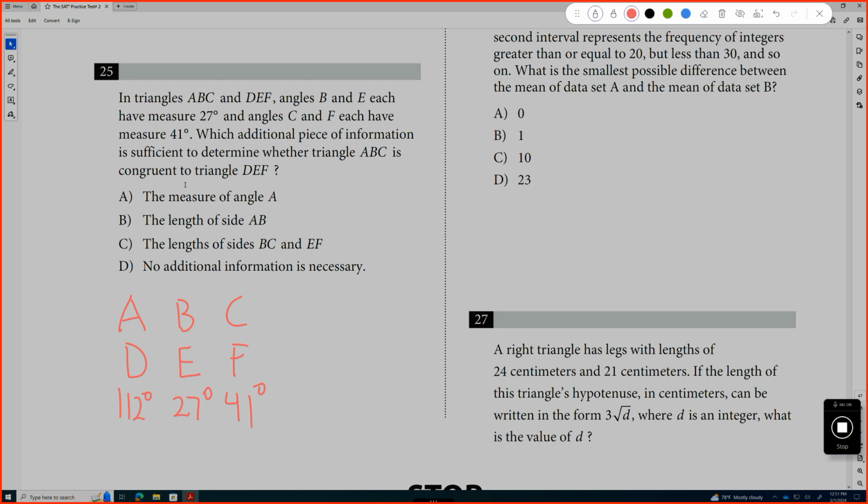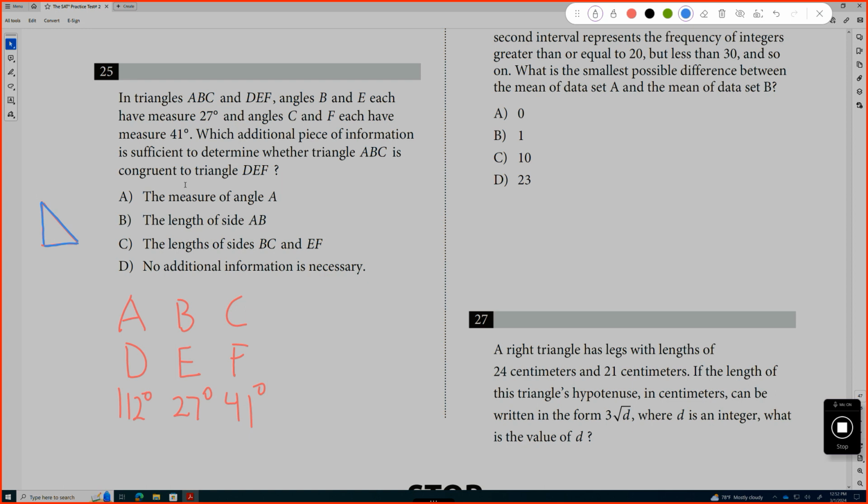You can check that. So we have angles that are congruent. However, we can have two triangles with the same angles and the same size, like my red triangle and my blue triangle put on top of each other. This is 112. It looks like a right triangle, but it's 112. Anyway, they can have the same angles, but one can be twice as big.